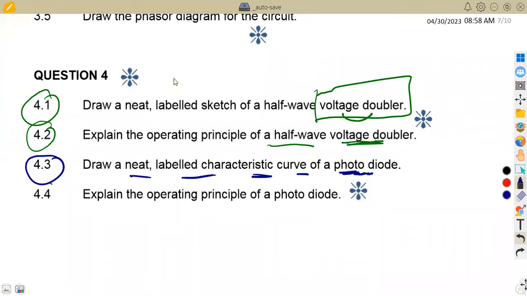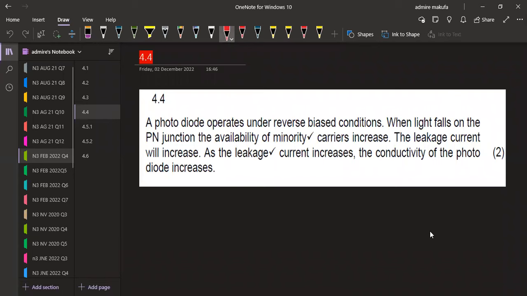All right, on 4.4, we are now given to explain the operating principle of a photodiode. Last time we had the characteristic curve. Now it is to explain the operation. We know that a photodiode operates under reverse biased conditions. When the light falls on the PN junction, the availability of minority carriers increases.